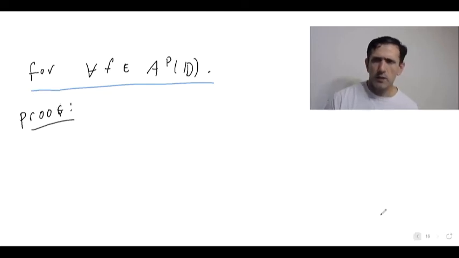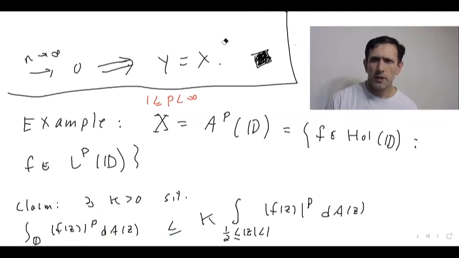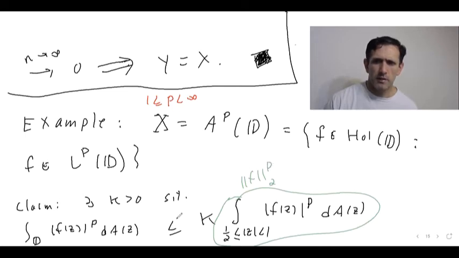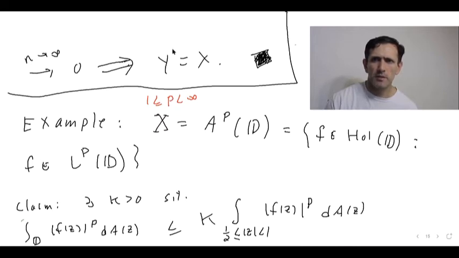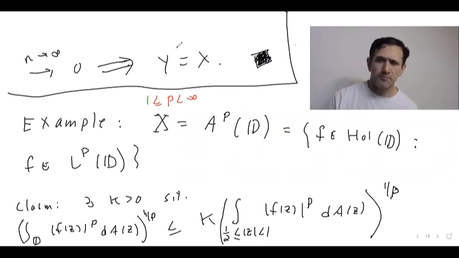Let me save myself some writing. The idea is to just define two norms on the Bergman space.